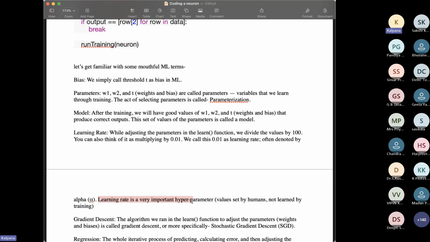Your learning rate should be slow. Learning rate is very important. Again, learning rate is not learned during the process, but it is the rate which the user or programmer assigns.